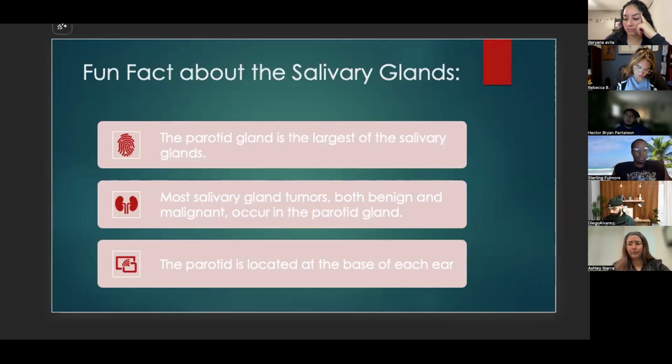Most salivary gland tumors, both benign and malignant, occur in the parotid gland. The parotid is located at the base of the ear. Sometimes when we have something very sour, we get that tightness in the back of our jaw under our ear. That's right around where the salivary gland sits.